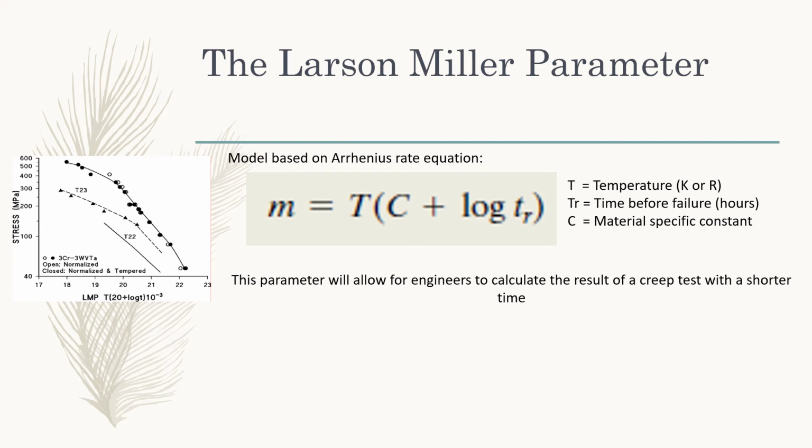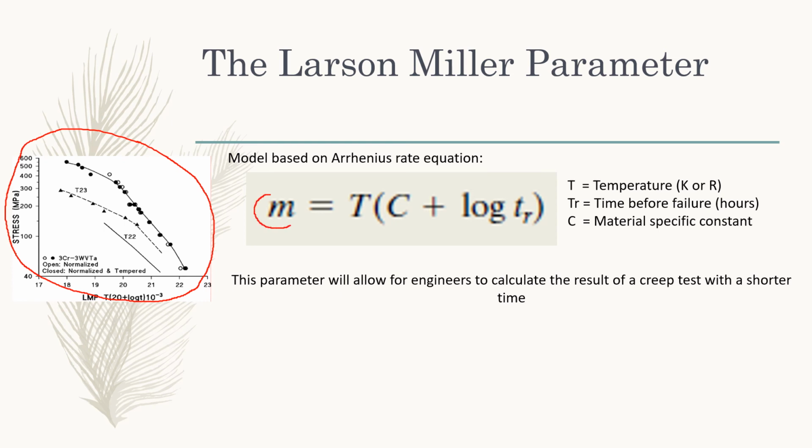And the next one is the Larson-Miller parameter. As we can see in this graph, it is plotted from stress versus the Larson-Miller parameter. This model, based on the Arrhenius rate equation, can be defined as this.